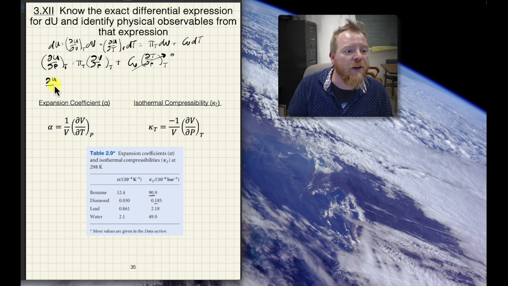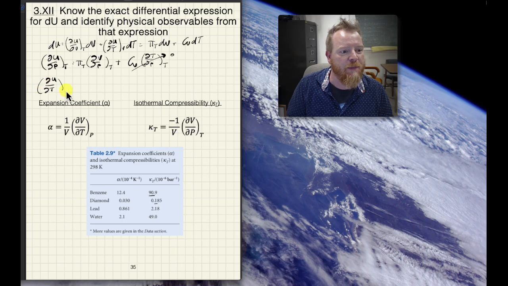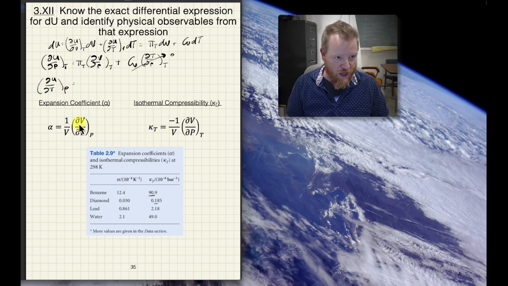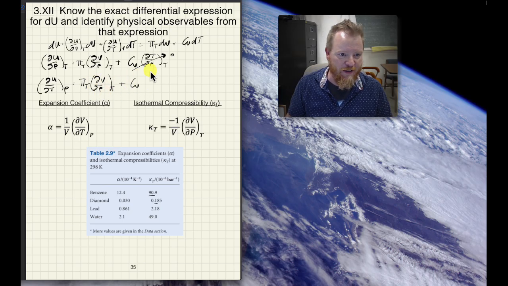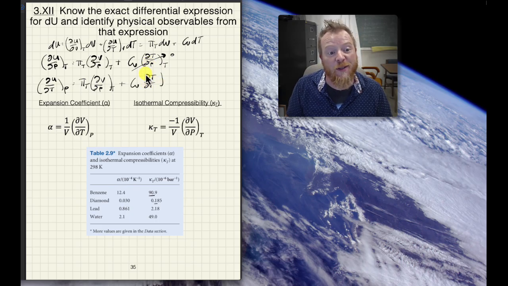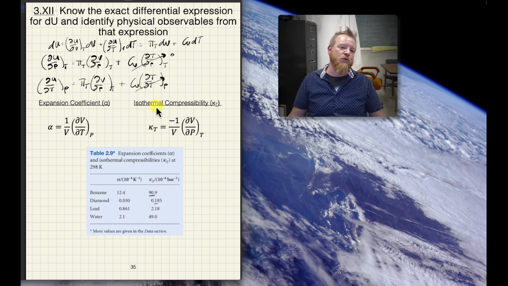Similarly, we can look at the total du, total changes in internal energy with respect to changes in temperature at constant pressure. And so we still have pi t, but now that's going to give us the derivative dv by dp at constant t, and we still have CV here. And now that's going to be partial of T over the partial of T at constant P, so that term also drops out.